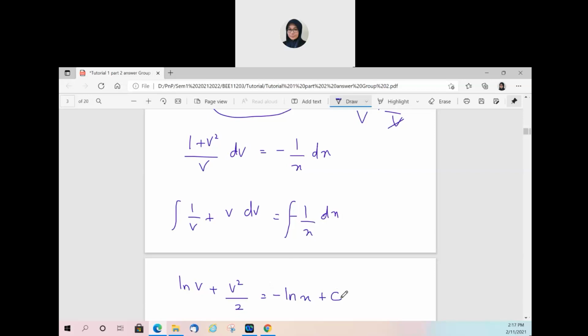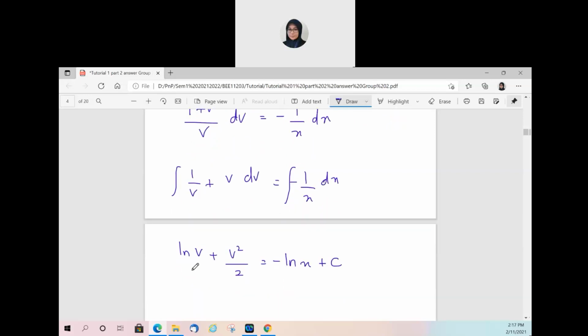C. Do you have any questions? No questions, okay. So we replace back V to this. V comes from Y equals XV and V equals Y over X. Then we replace this V inside.